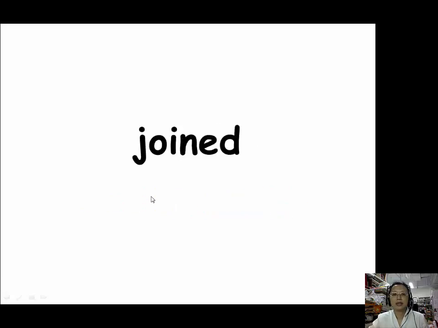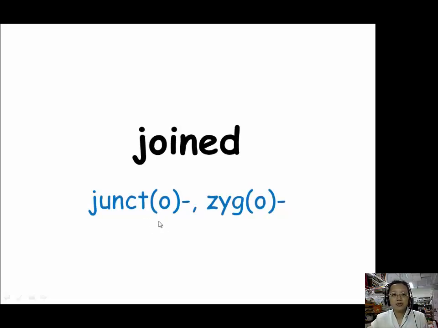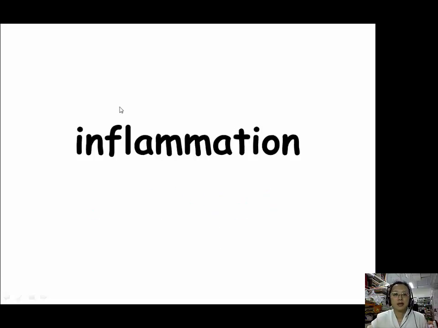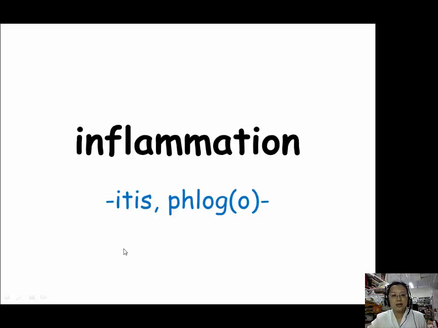And to describe things that are joined together, we use these two prefixes, juncto and zygo.